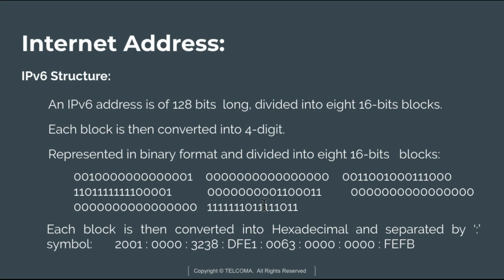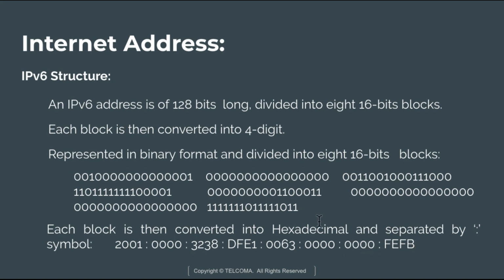Each block is then converted into 4 digits. These are represented in binary format, divided into 8 16-bit blocks, in 0 and 1 form, and in hexadecimal as 2001:0000:3238:DFE1:0063:0000:0000:FEFB.